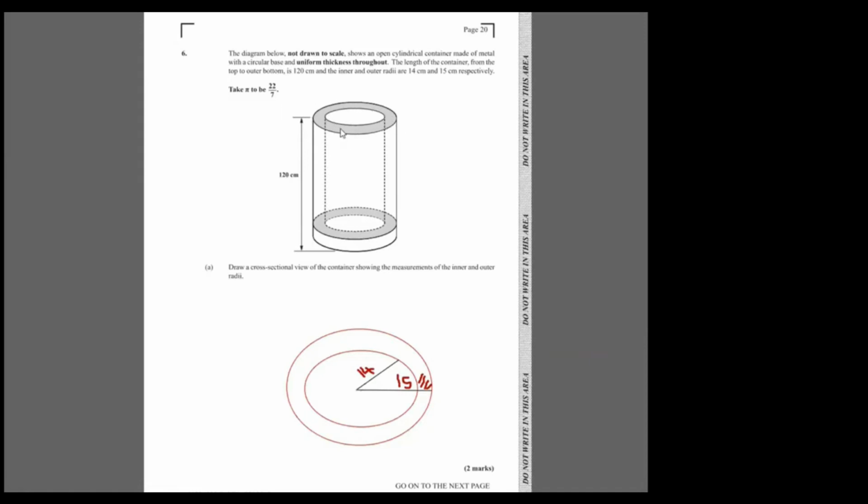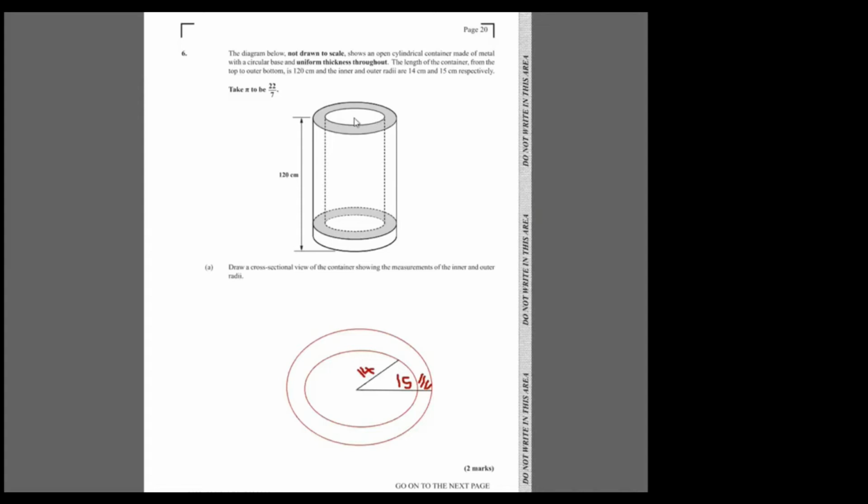This is the container. Capacity is internal volume. How much can this thing hold? So clearly it's the volume of the inner one, the one with the radius of 14 centimeters.